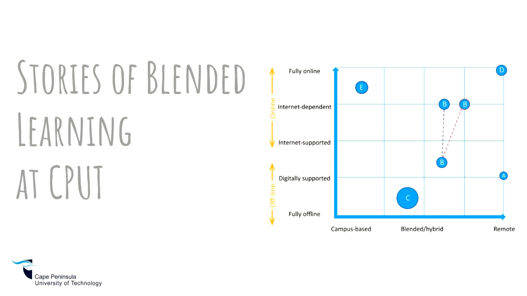And they argue that the typical split between campus-based and distance learning has been challenged. So what we used to have is traditional campus-based institutions who offered face-to-face campus-based learning. And then you had institutions such as UNISA who offer distance education.